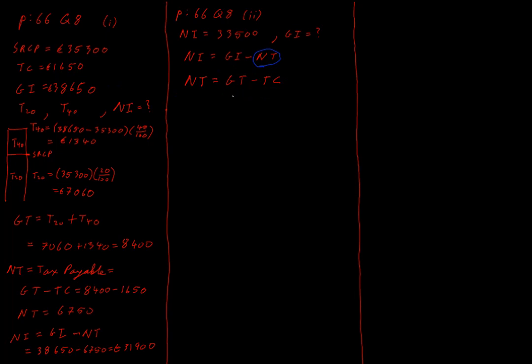We don't know what our gross tax is. So now we can see we are missing our gross tax. Well, what is our gross tax? Our gross tax is our tax at 20% up to our standard rate cutoff point, plus our tax at 40%.